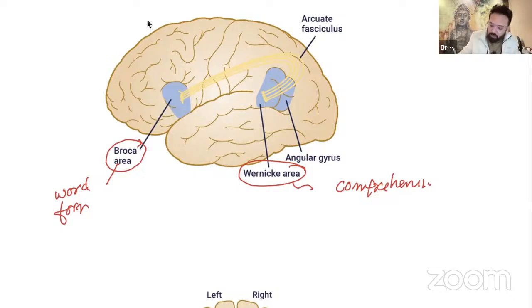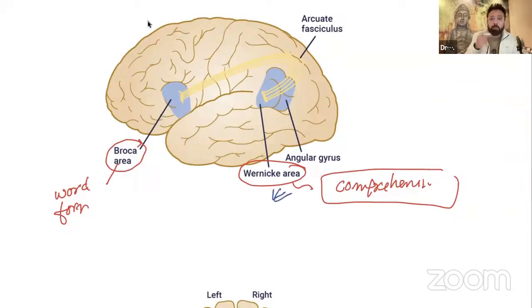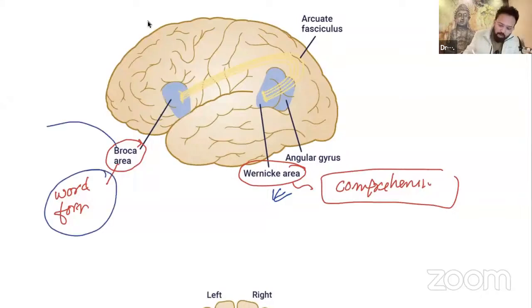Why? Because Wernicke's area is for understanding. You are not trained for the Farsi language, so how can you understand it? So comprehension is by Wernicke's area, and I can speak because of Broca's area. So if there is Broca's aphasia, doctors, it is called non-fluent aphasia.